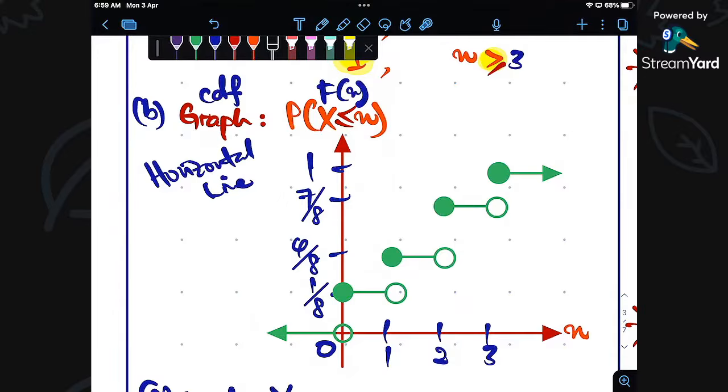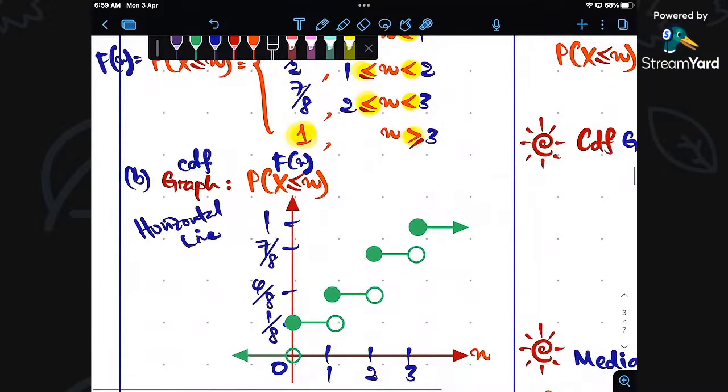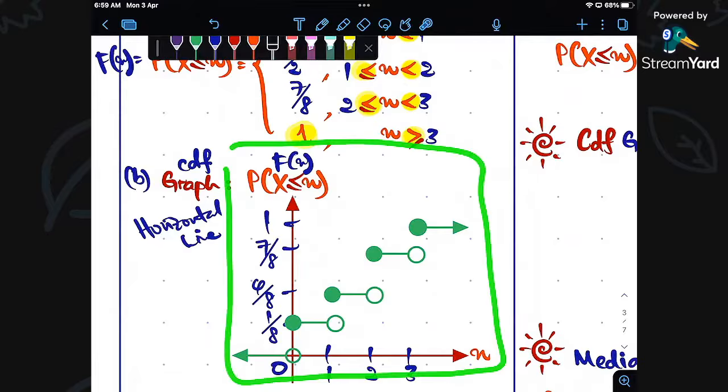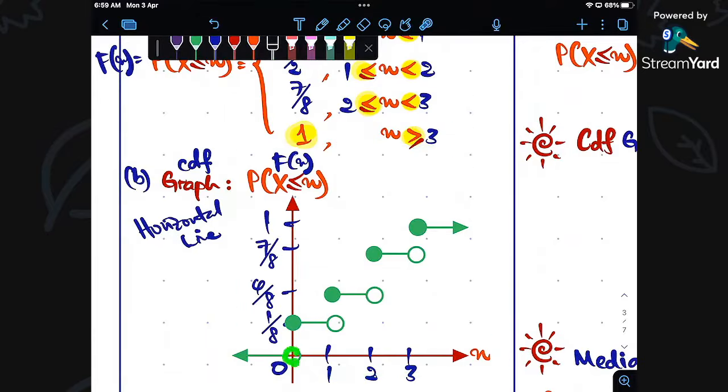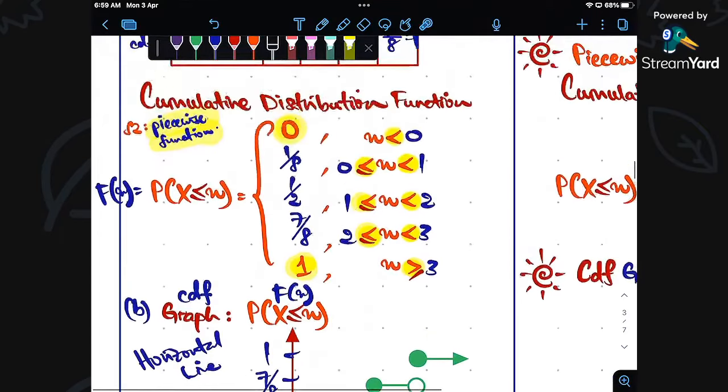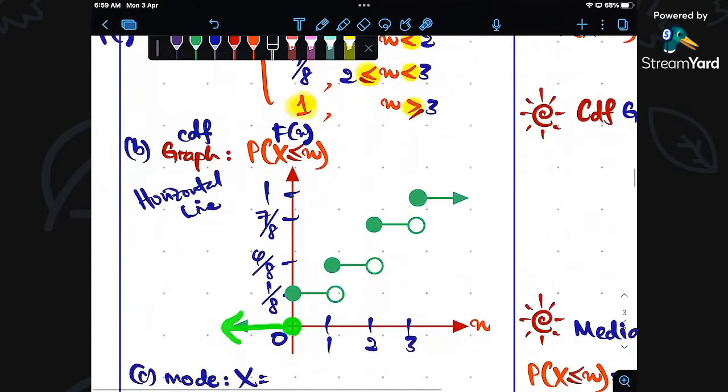This graph actually comes from the understanding of this piecewise function. You know that? That's why we have here an empty circle going to the left, because x is less than 0, the probability is 0. That's why it is at the line y equal to 0.